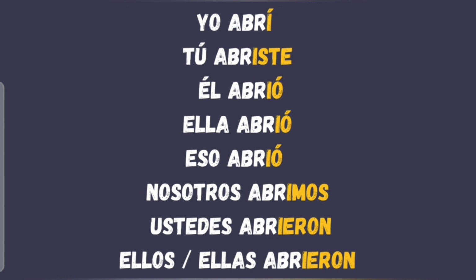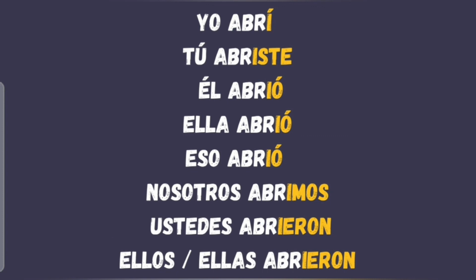So you have to end the verb in í if you're talking about the personal pronoun yo, iste for tú, ió with accent on the letter o for él, ella, eso, imos for we, nosotros, and ieron for ustedes or ellos or ellas. You have to end the verb in ieron in the indefinite past, okay?